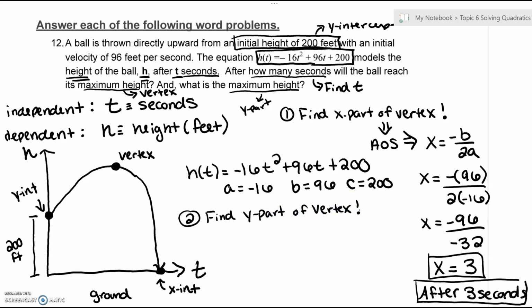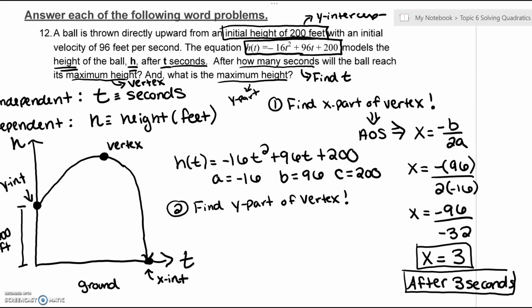So I'm going to take the number that we found for x, 3, and plug it in for my independent variable in my equation. So that's t here. So I'm going to have h of 3 equals negative 16 times 3 squared, plus 96 times 3 plus 200.